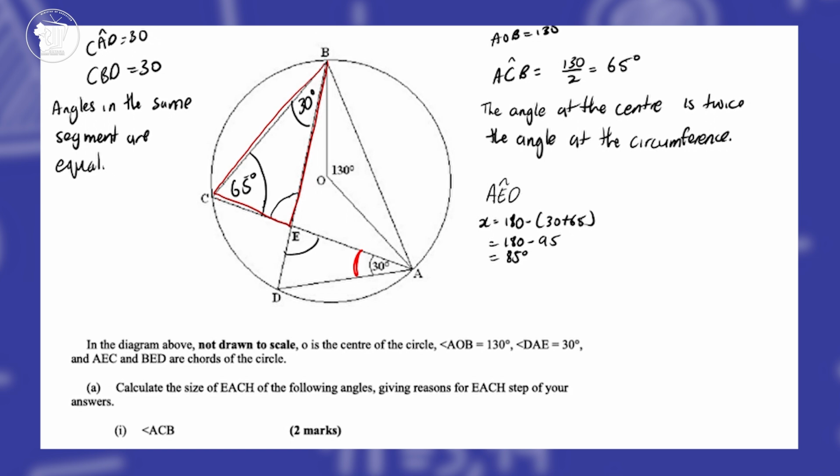So if here is 85, the reason for this would be the sum of angles in a triangle is 180. And then if here is 85, and I have these two lines intersecting, and this angle is opposite to that angle, I can say angle AED will also be equal to 85.